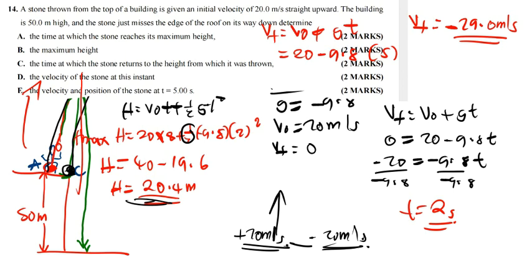But remember, you and I have agreed that the instant the stone was reaching where that person was, it was negative 20 meters per second. But now it is when t is equal to 5. Do you think it has already passed point C at that point, or is it before that? The question is, when t is equal to 5, the velocity is now negative 29.0 meters per second.